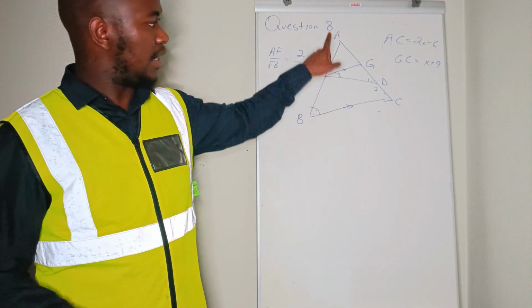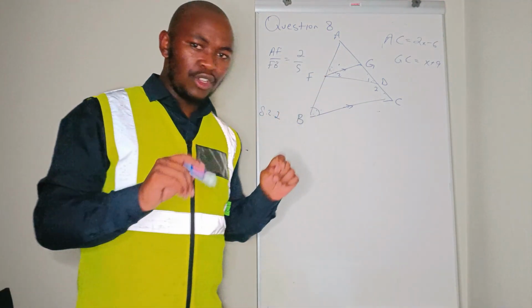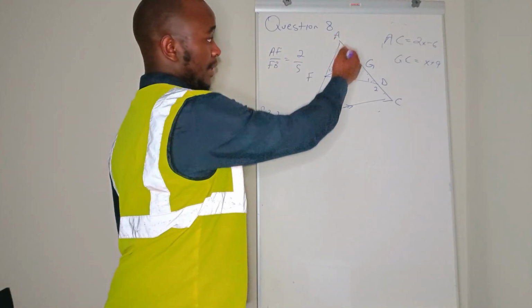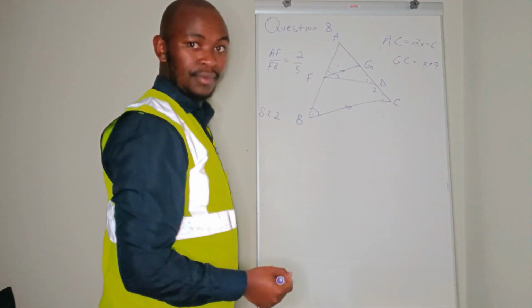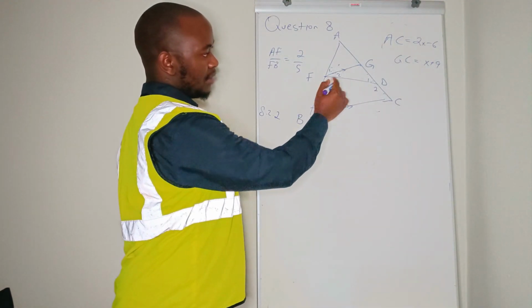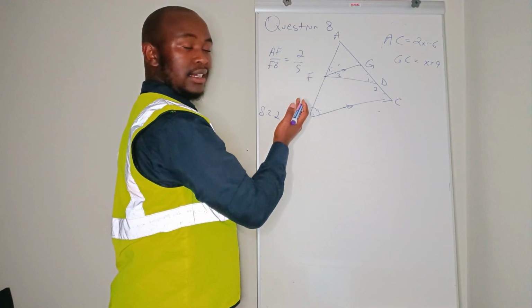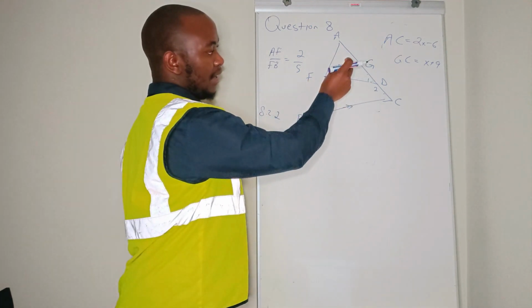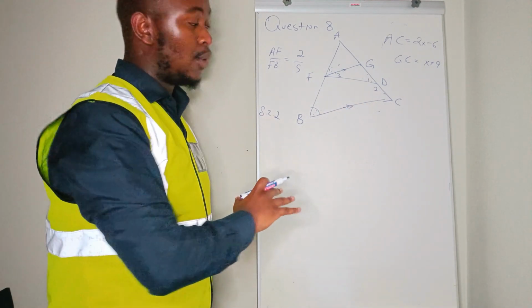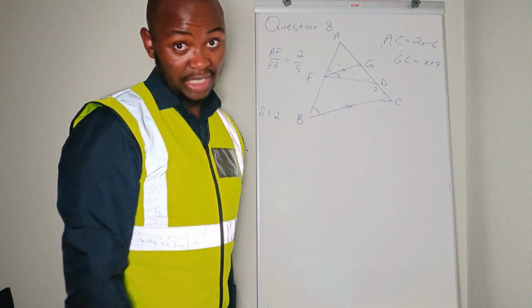So when we're dealing with triangles like this, there's a theorem that says that if there's a big triangle, and then there is a line from one side of the triangle to the other side, and if that line is parallel to the base, then the whole of that triangle is proportional.